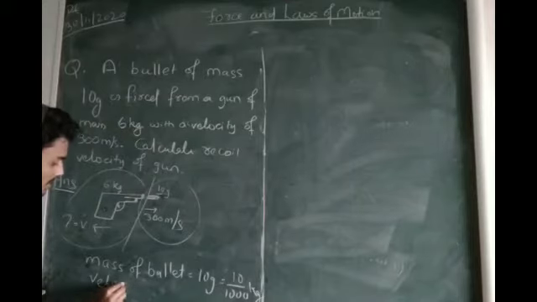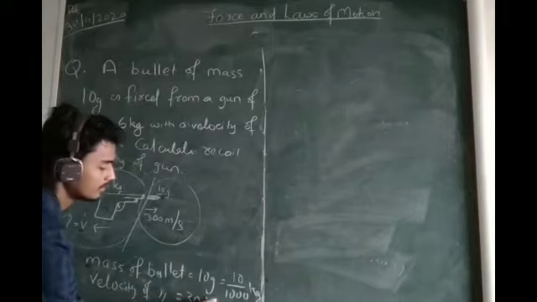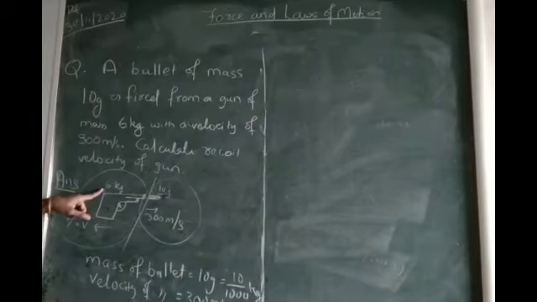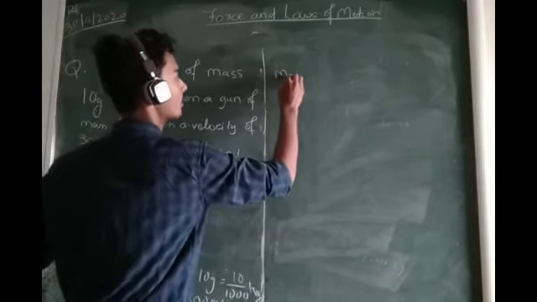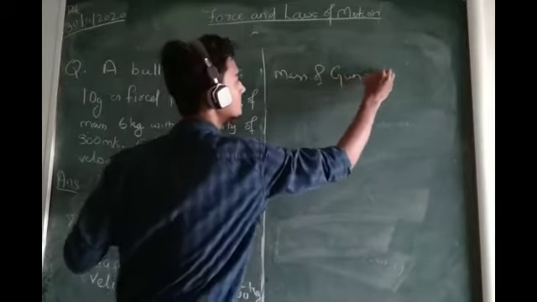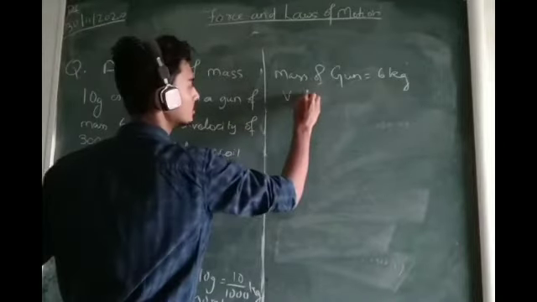Velocity of bullet is equal to 300 meter per second. Mass of gun is 6 kilogram. The velocity we have to find out.